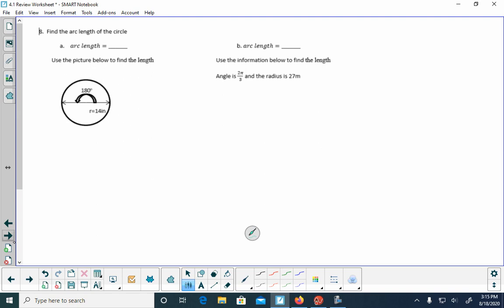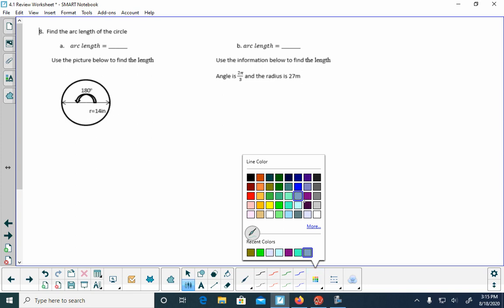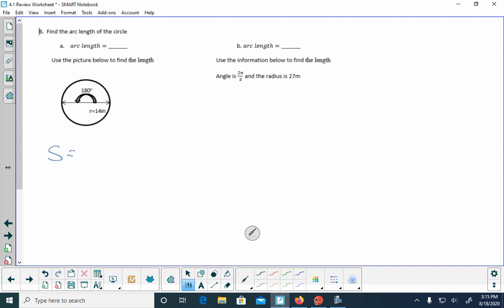Now they're telling me that my angle is 180 degrees. They're telling me my radius is 14, and it wants me to find my arc length. So I'm still using that same formula. First thing I have to do is change this 180 degrees to radians. So I'm going to say 180 degrees over 1, and I'm going to use the 180 to pi.